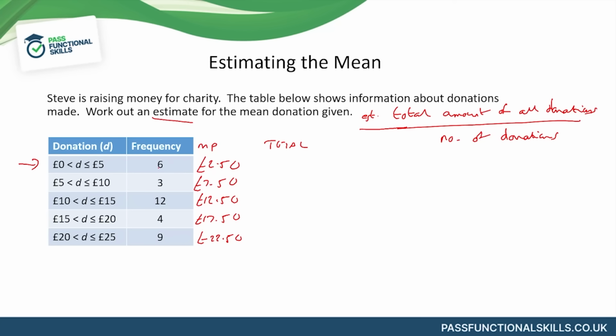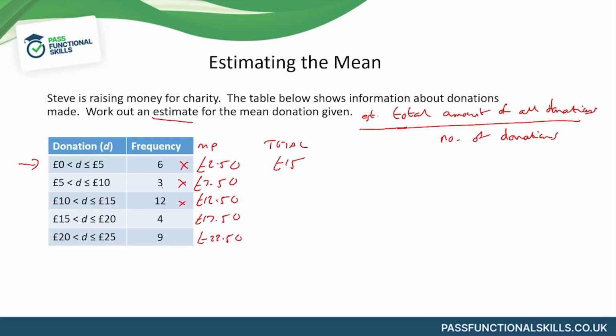So 6 people, we are guessing, donated £2.50 each. So in total, that comes to £15. So what we need to do here is multiply the frequency by the midpoint. Now, a lot of people approach these questions by just writing midpoint, frequency times midpoint, and they just know the mechanics of how the question works, but hopefully with this explanation you can understand why we're doing these things.